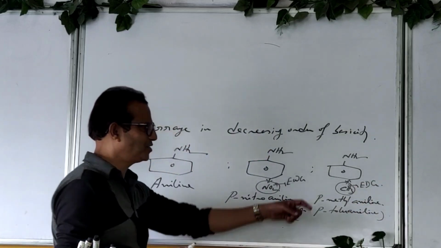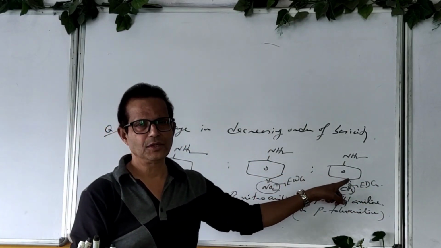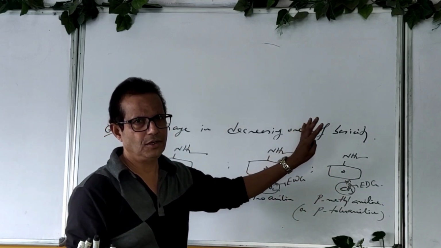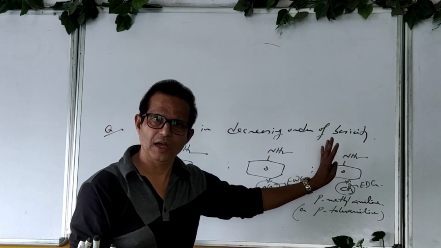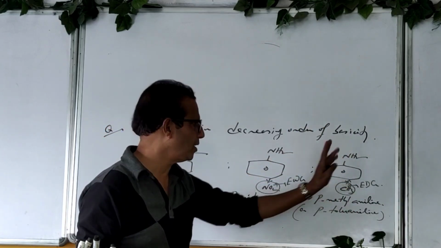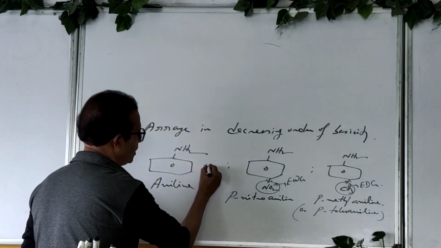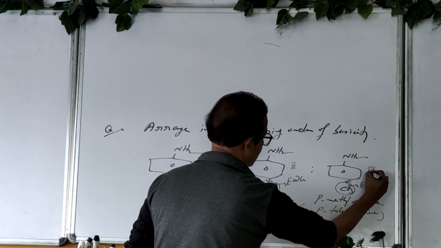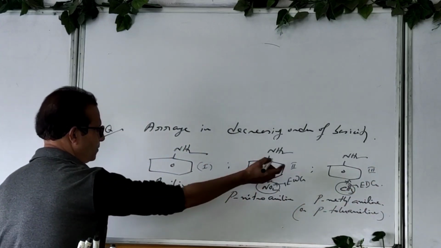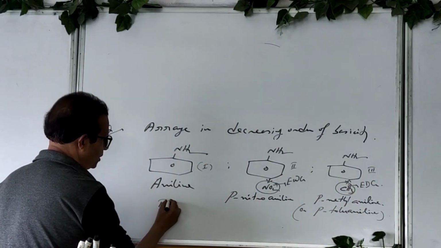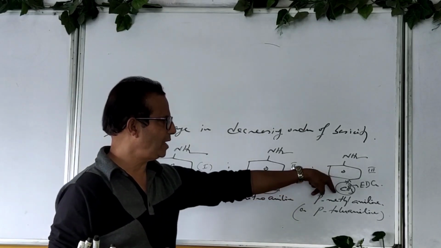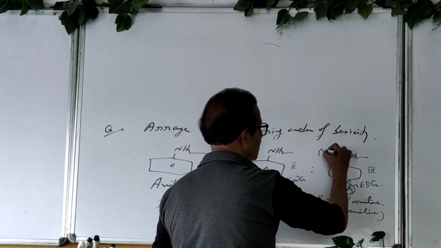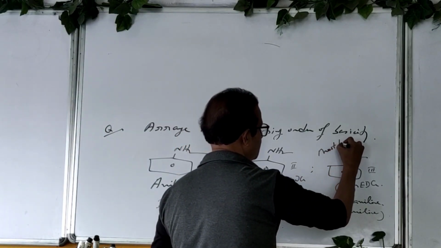And you know that the presence of electron donating groups increases the basicity of amine, whether it is aliphatic or aromatic. So if you consider 1, consider 2, consider 3, obviously 3, that is para-methylaniline, is the most basic.